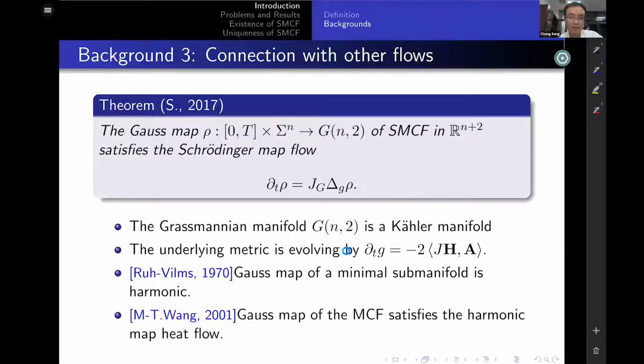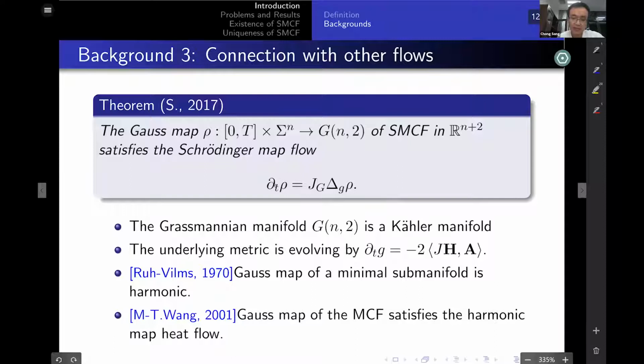So the Gauss map now becomes a map into a Kähler manifold. And this Kähler manifold has a canonical complex structure, which is denoted by JG here. And the equation of the Gauss map rho is like this. So this is known as the Schrodinger map flow.